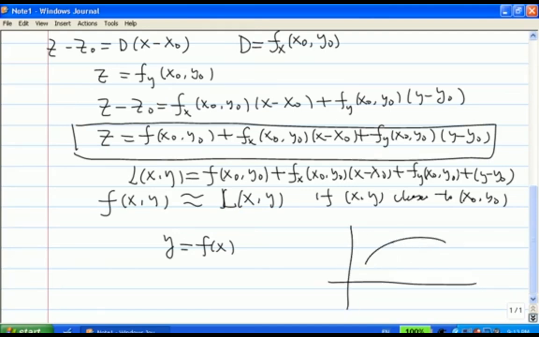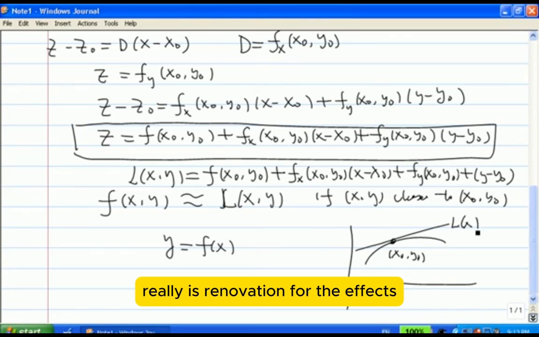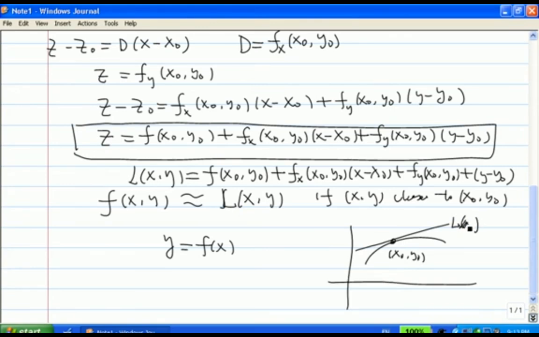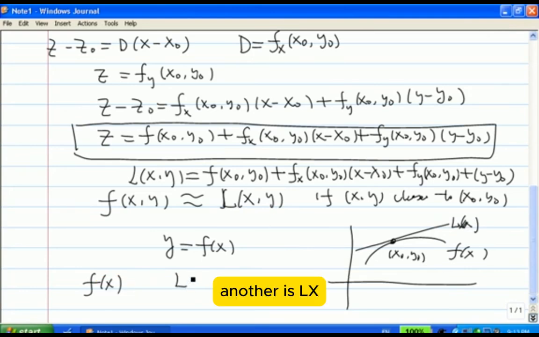Now this is the point, and you have a tangent line. This point is x0, y0. This tangent line really is the linearization for f(x). This is f(x), so you've got two functions: one is f(x), another is L(x). This is x0.